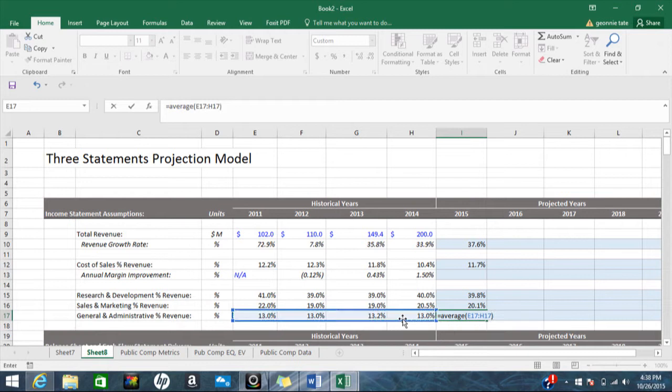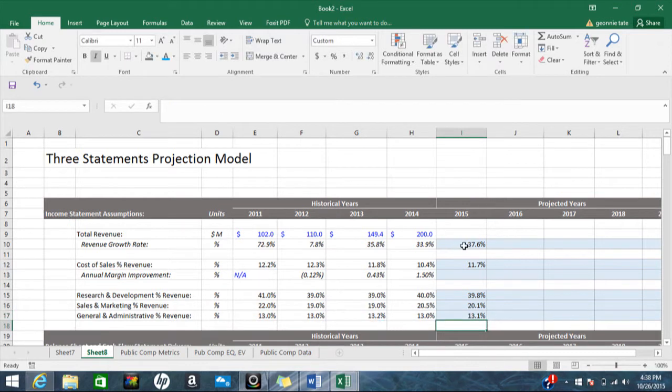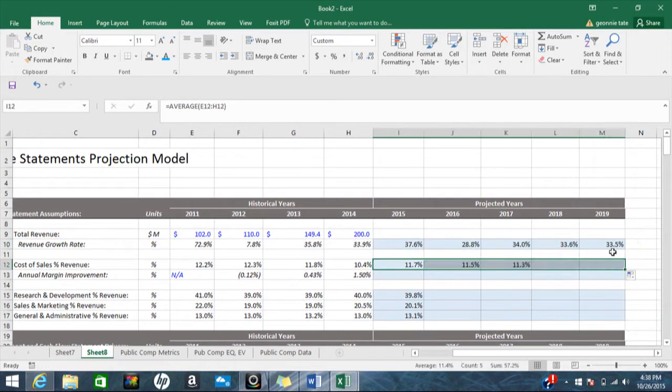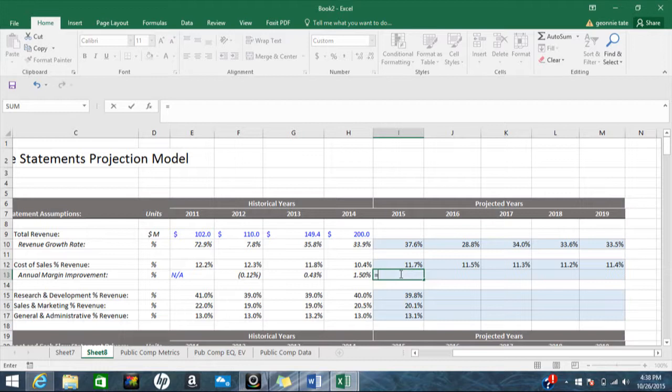I'm just going to copy all of the formulas that I have here over. And this is the annual margin improvement, just the previous minus the current.